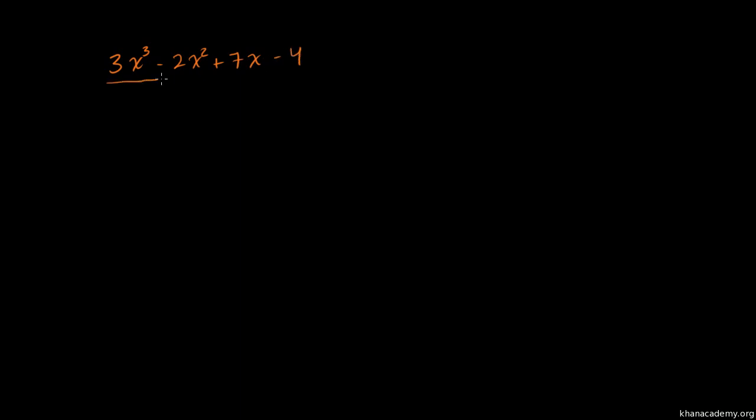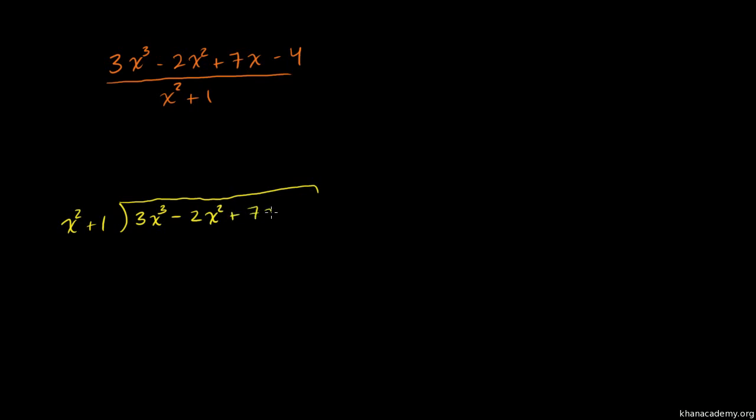And we want to divide that by x squared plus 1. I just made this up. But we can just do the algebraic long division to figure out what this is going to be, if we simplify it. X squared plus 1 divided into 3x to the third minus 2x squared plus 7x minus 4.